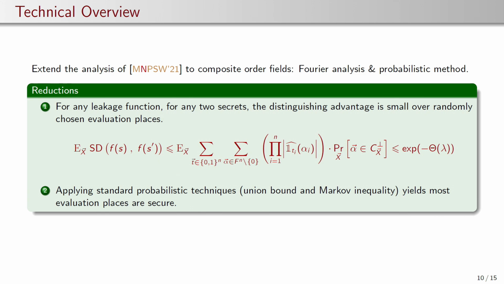There will be 2 main steps here. In step 1, we show that the distinguishing advantage is small on average. And then, using this bound, we apply standard probabilistic techniques to show that it is secure for most evaluation places.